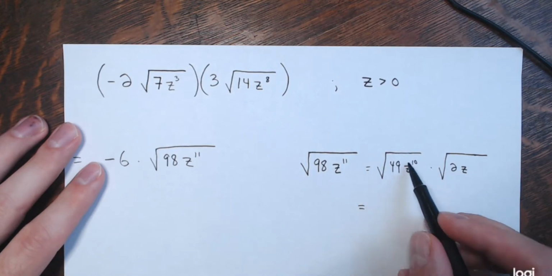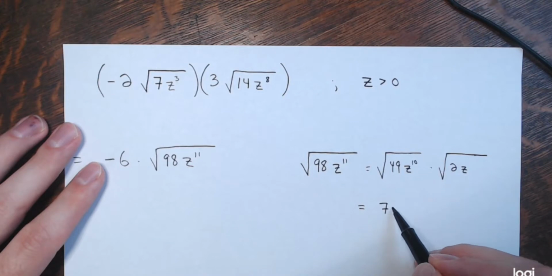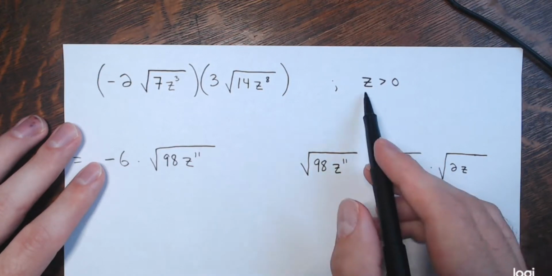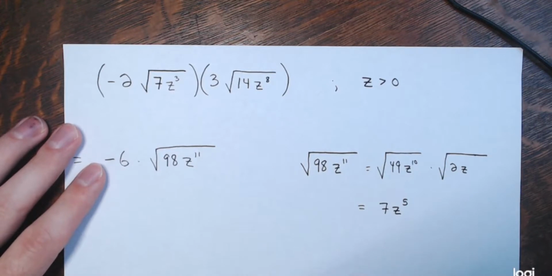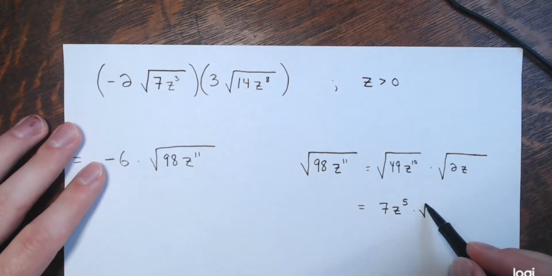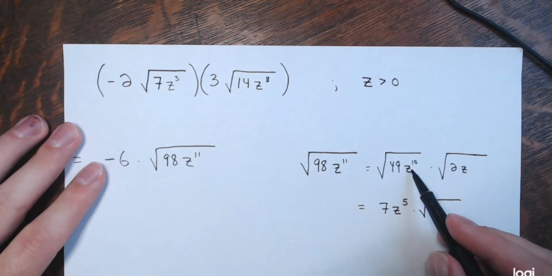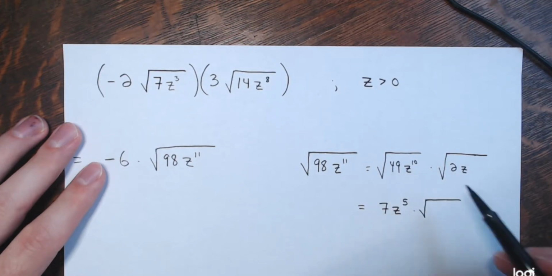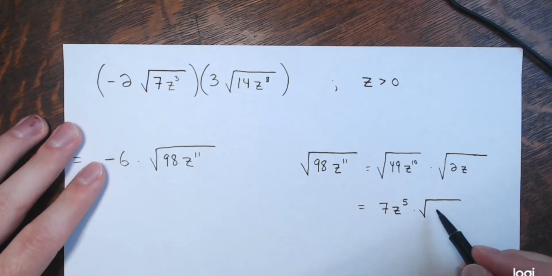And this square root here would be 7z to the 5th, and you don't need absolute values around z to the 5th because we're already told that z is positive. Right, z to the 5th squared would be z to the 10th, and 7 squared would be 49. So 7z to the 5th times the square root of 2z.